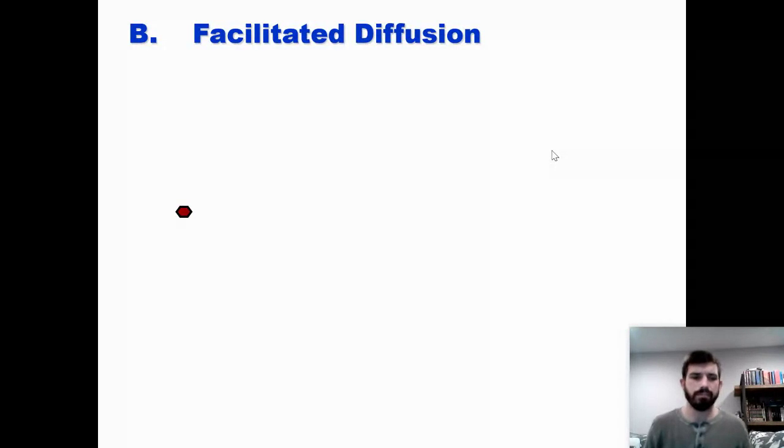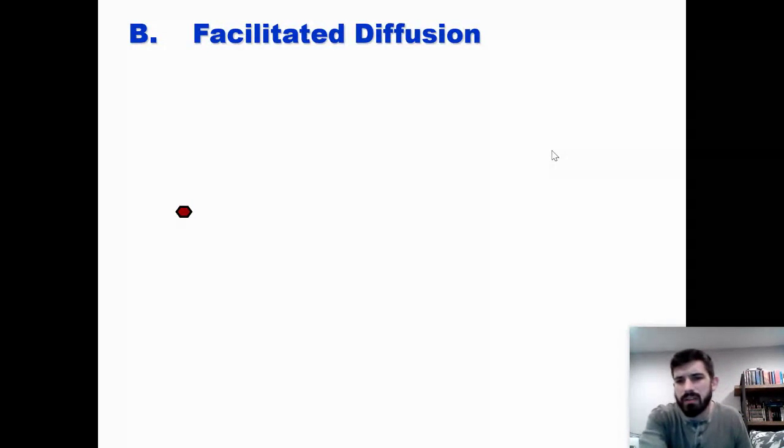So we just went over the basics of diffusion and how we reach equilibrium. Now let's talk about facilitated diffusion. What does it mean if something is facilitated? The word facilitate means to help. So this is diffusion being helped.